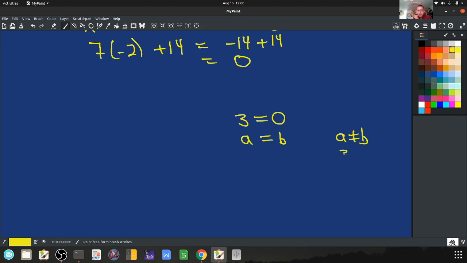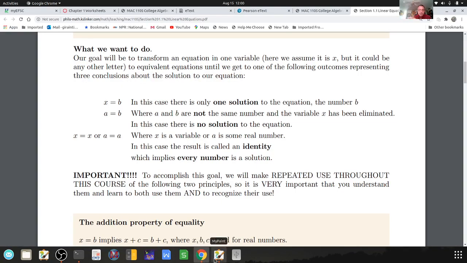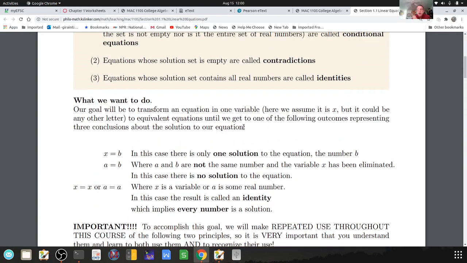In this case, a is equal to 3 and b is equal to 0, and clearly they're not equal. The other case would be like x is equal to 3. Notice the difference. In that case, there is no solution, and those types of equations are contradictions.